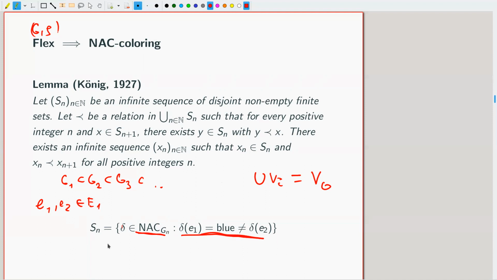And now with this S_n, because restrictions of NAC-colorings are NAC-colorings, I get this relation for König's lemma by restricting to a smaller subgraph. I get a sequence of NAC-colorings that extend each other. So I can color the whole graph using these NAC-colorings of this finite tower of graphs.